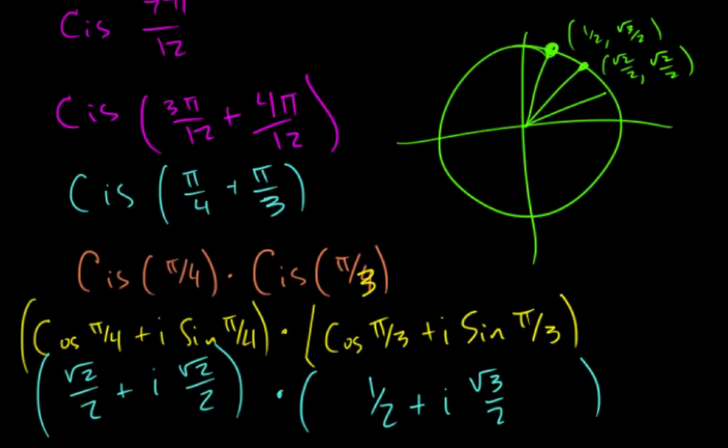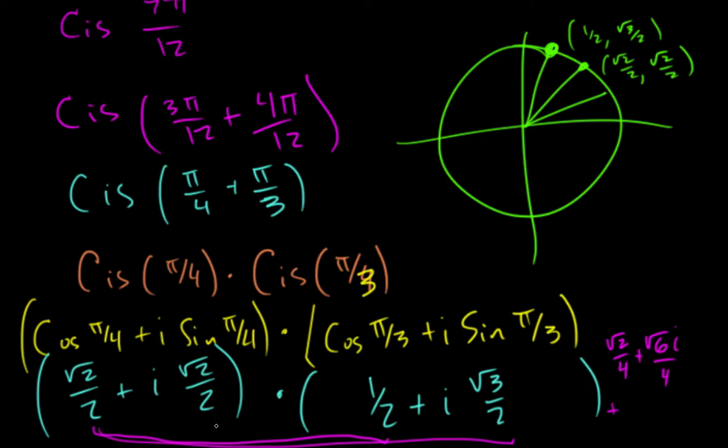Now, what we want to do from here is multiply this out. So I'm going to do this times this, which is going to be square root of 2 over 4. And then this times this is going to be square root of 6i over 4.